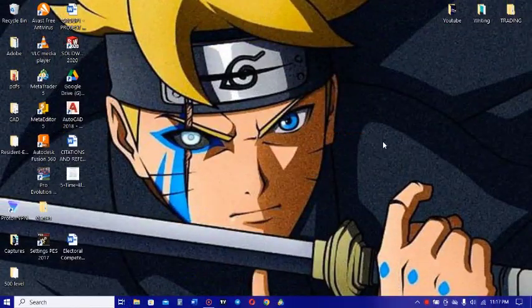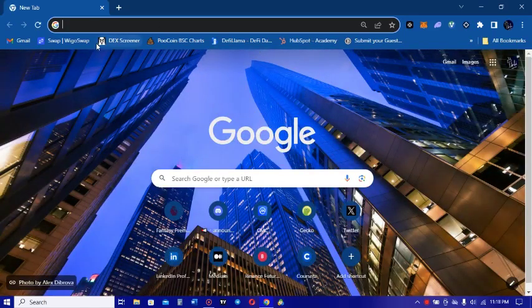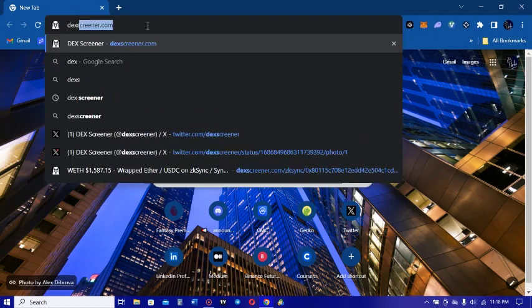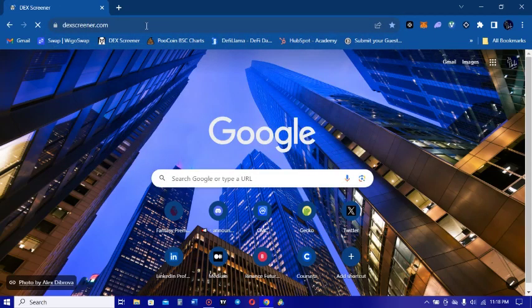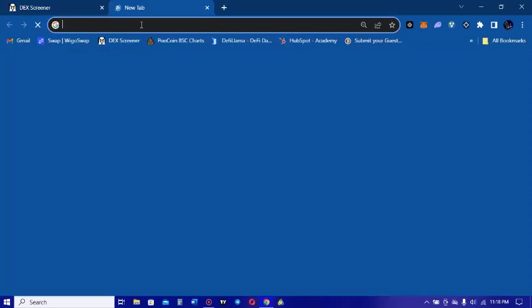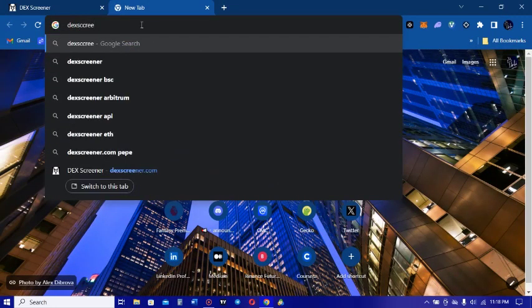Alright, so I'll open my browser. As you can see, I already have Dexscreener as a bookmark, but for the purpose of this video, search Dexscreener.